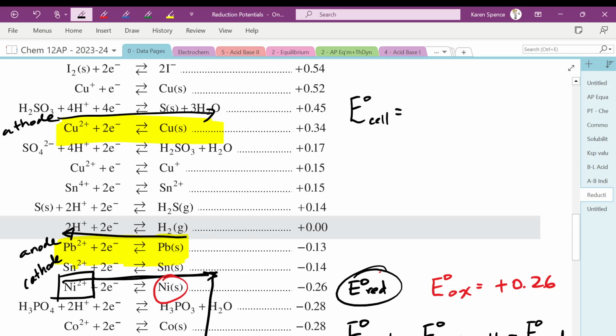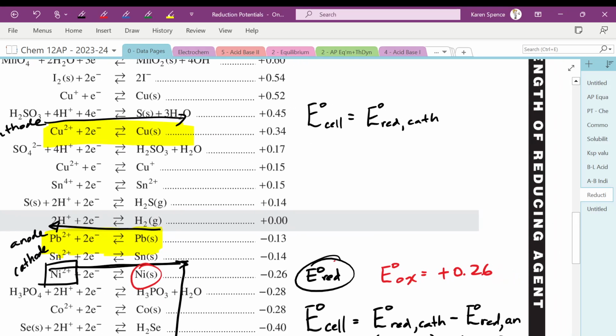And if we wanted to calculate E0 cell, we still take the reduction potential at the cathode, but now we add the oxidation potential at the anode. What is the reduction potential at the cathode for this cell?